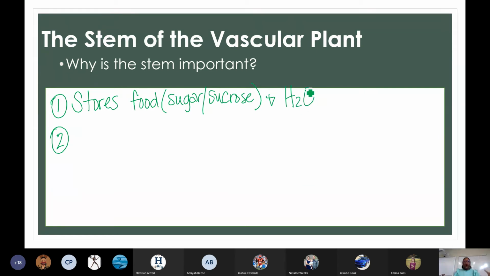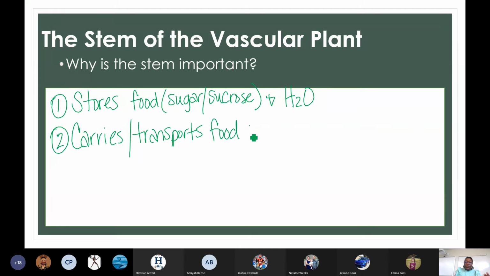So it stores food and water for the plant, and it carries, or new words you need to know, transports food and water throughout the plant.